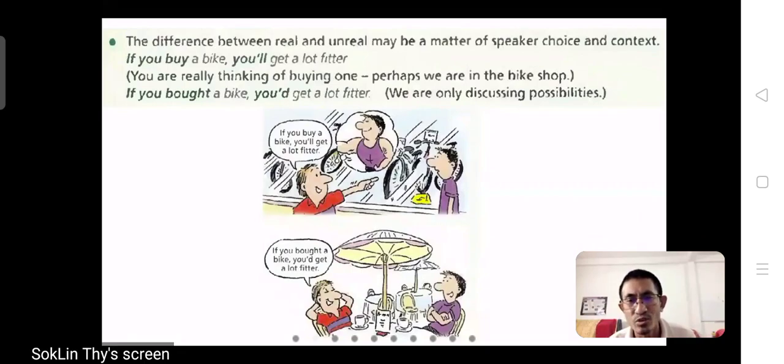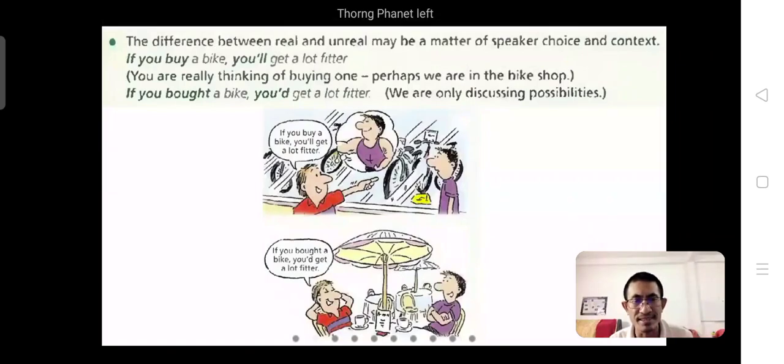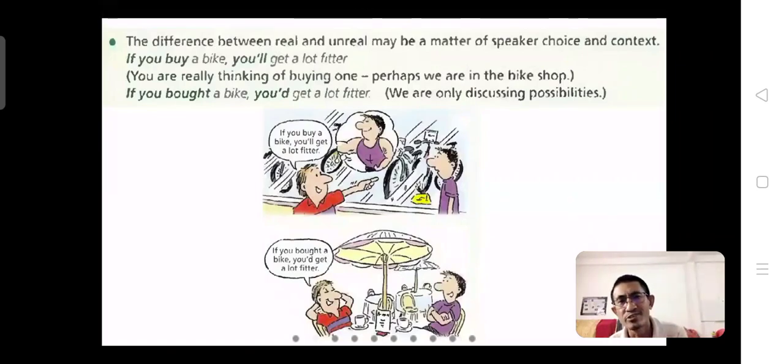You use second conditional. You got it? If you are in a bike shop thinking of buying a bike, you use first conditional, but if it is just a possibility and you are at a restaurant, you use second conditional.